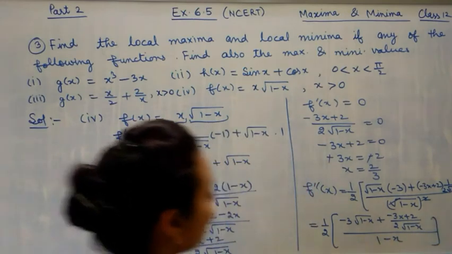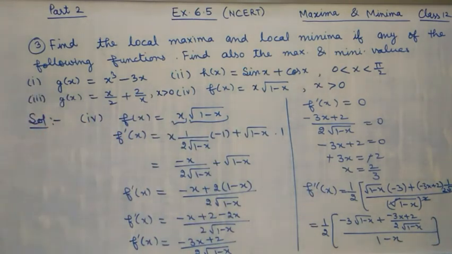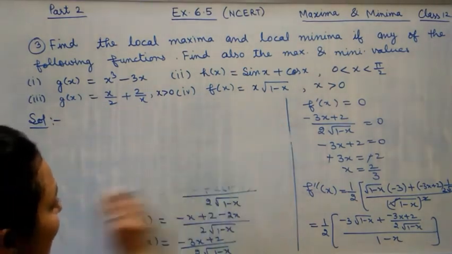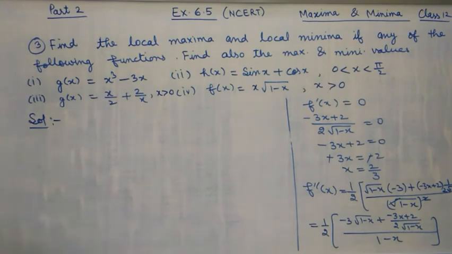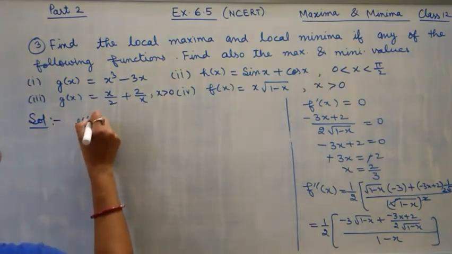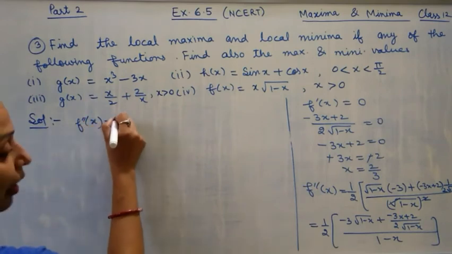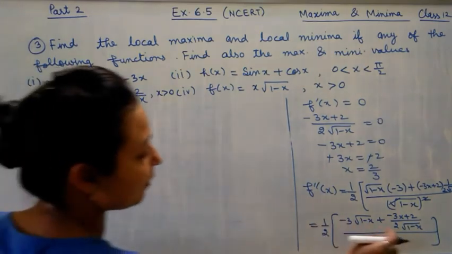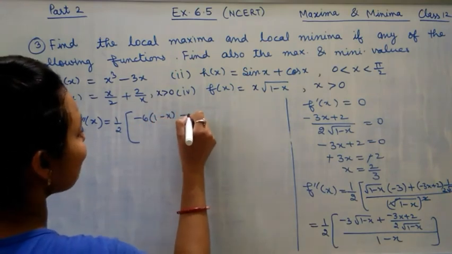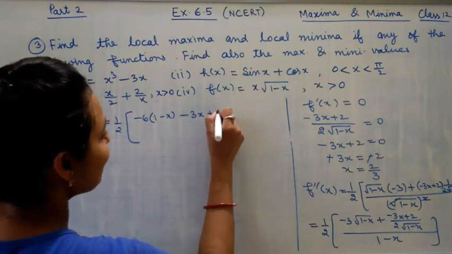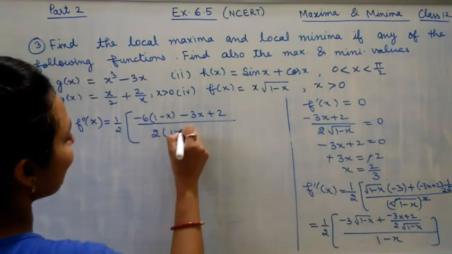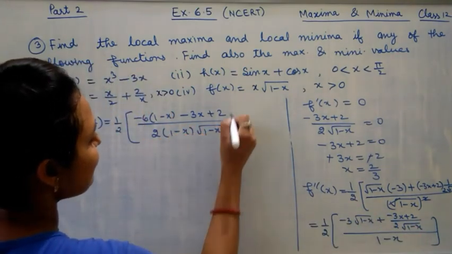Now I will do the simplification. Next step is half f double dash x. Half, take the LCM of it, that is 3 2s are 6. 1 minus x plus minus minus then plus 2 upon, I will take this in the denominator, 1 minus x under root of 1 minus x.